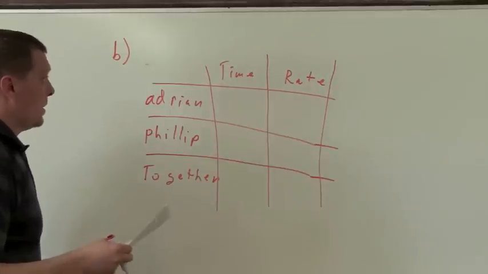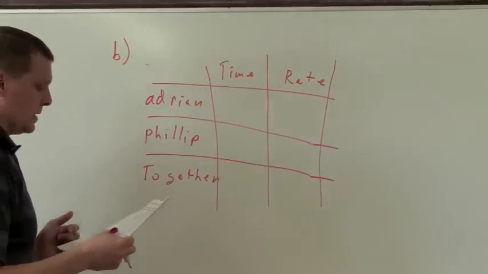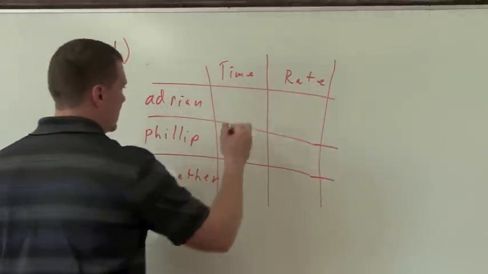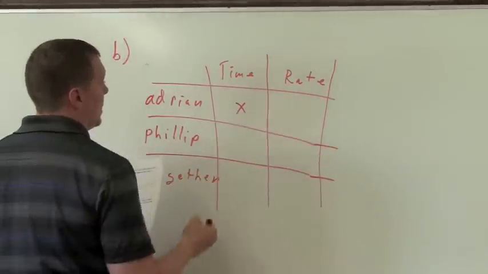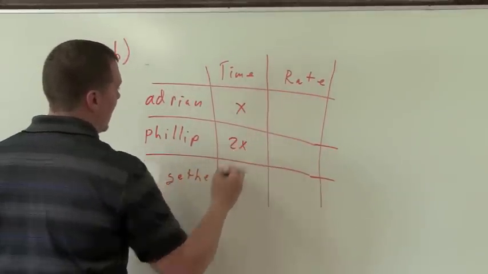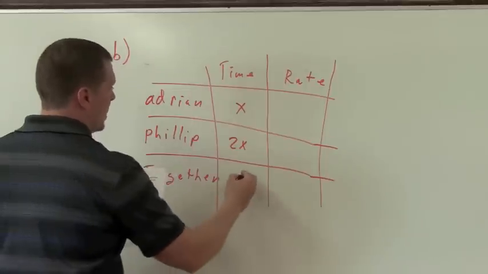The problem doesn't tell us the time it takes Adrian, so we're going to have that as x. Philip takes twice as long, so that's 2x. And together, that's 3.